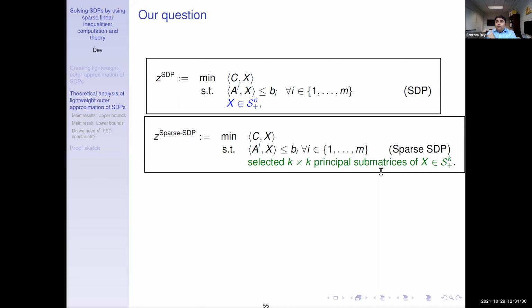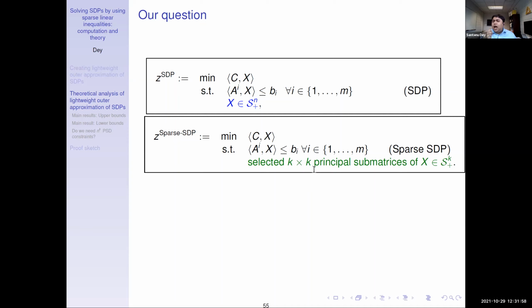One way to understand this, which is a little bit easier in some sense, is to ask what the difference in gap is between these two problems: I solve the problem with the PSD constraint globally on the full matrix variable, or I just have a selected few of these k by k constraints. Certainly in the computations, we're doing a selected few.